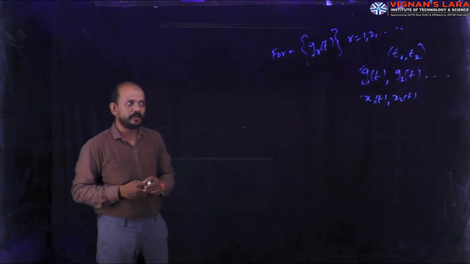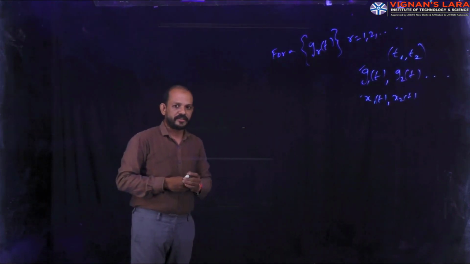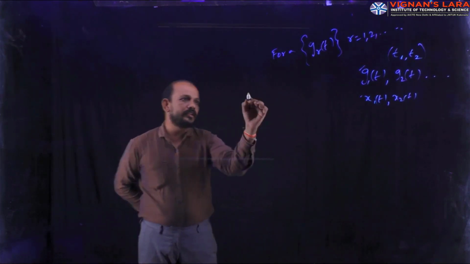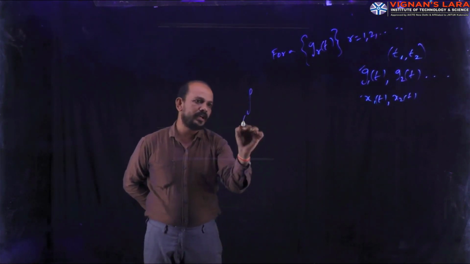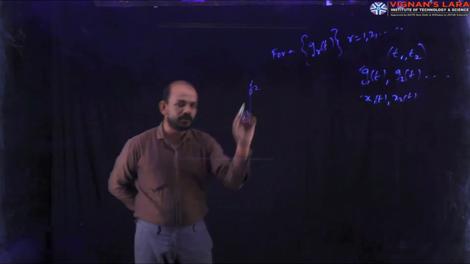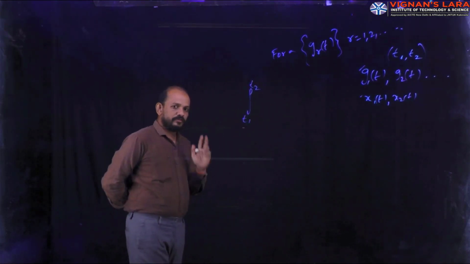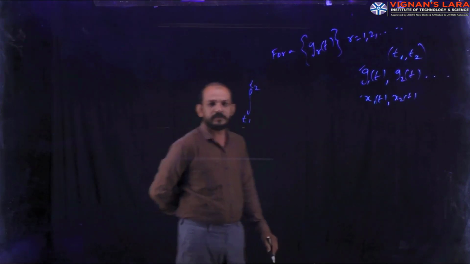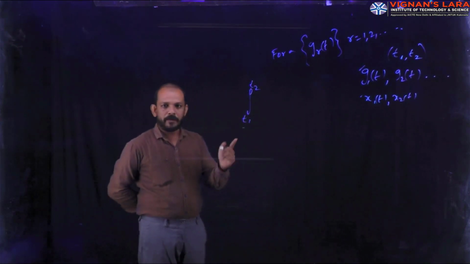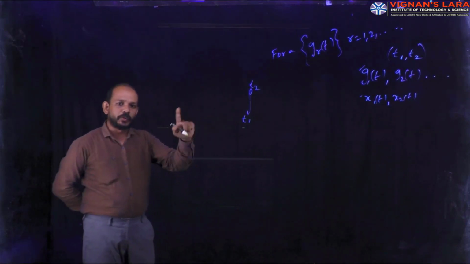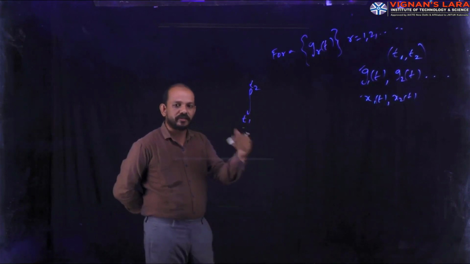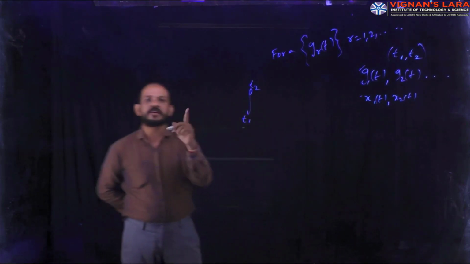Then by using that we can write the equation. For two signals to be orthogonal, what is the condition? The integral of the product of the two signals over the interval must be equal to 0.